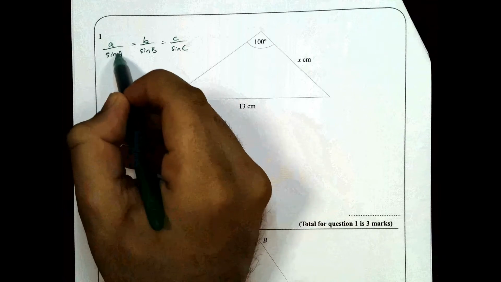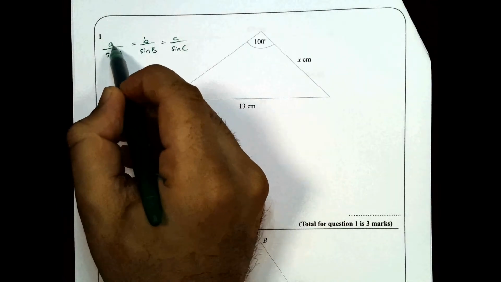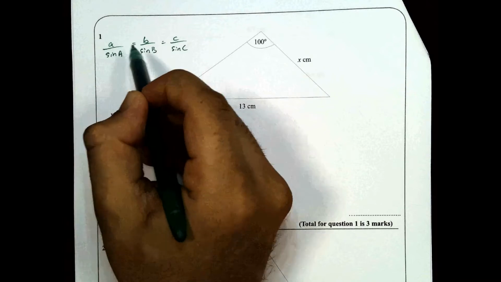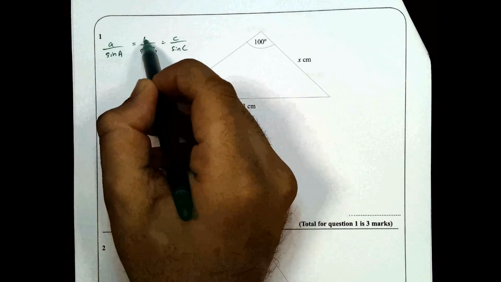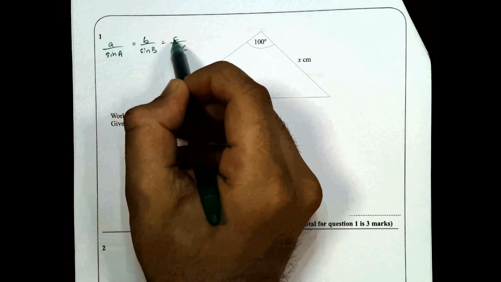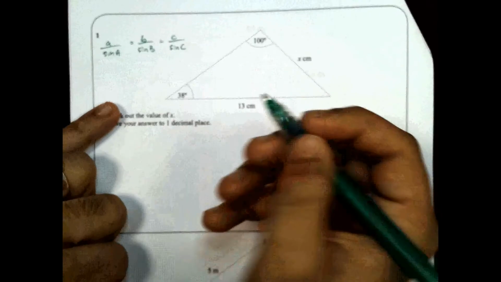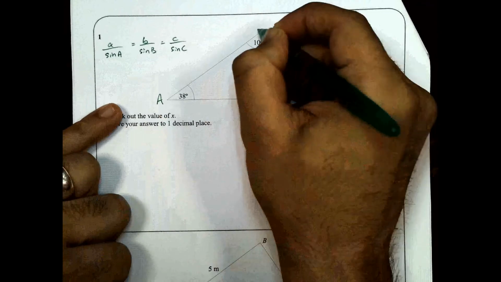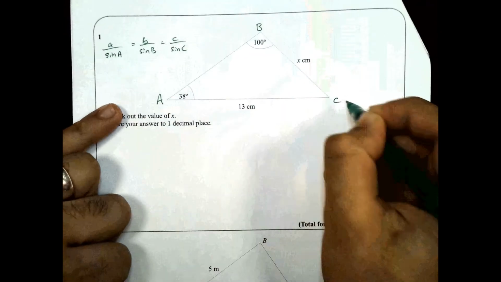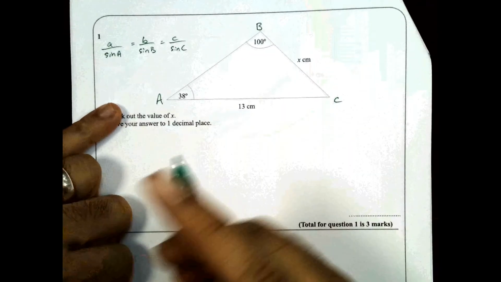And that relationship is consistent. So the relationship between A and sine A is the same as the relationship between B and sine B and C and sine C. So as you should remember, hopefully, capital letters go on the corners, on the vertices, and lowercase letters go on the opposite side.